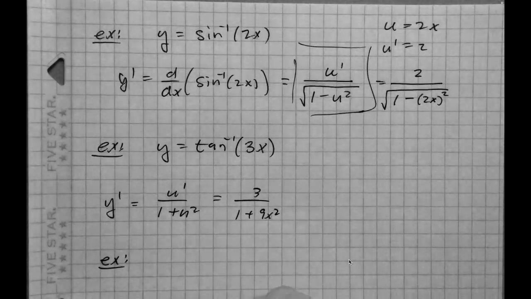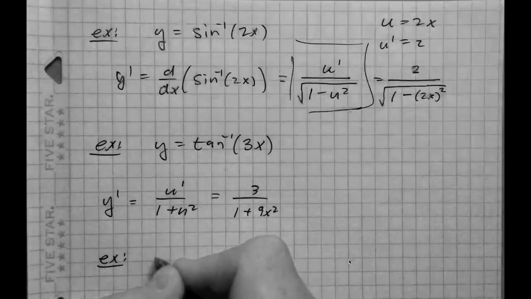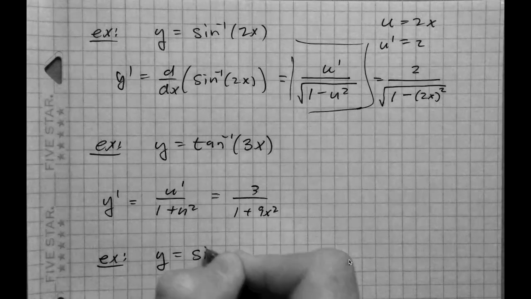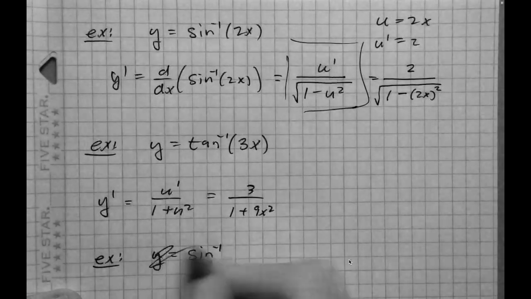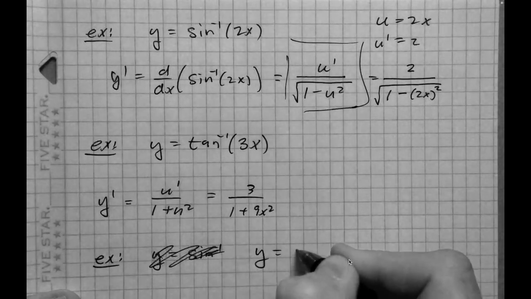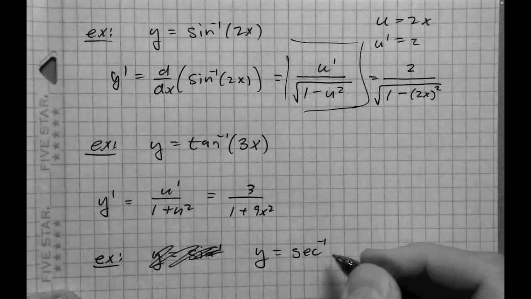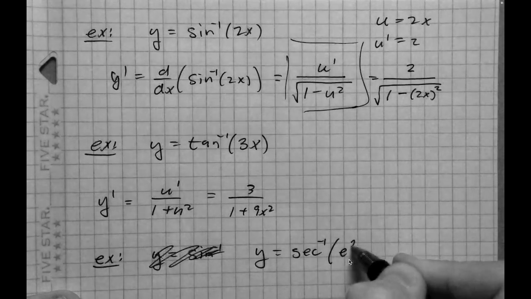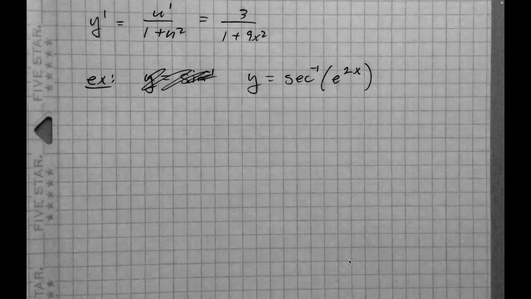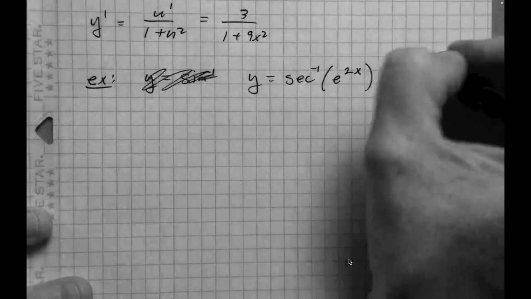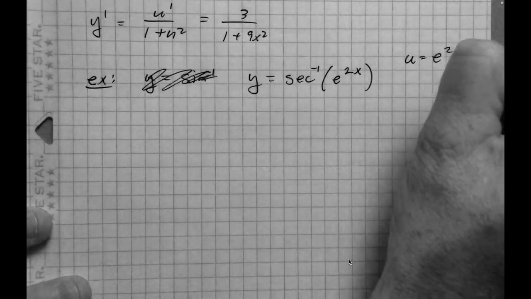And how about one more? This one won't be as obvious. So y equals the inverse sine of, or sorry, I want to do secant. y equals the inverse secant of e to the 2x power. What about this one? So here, u is equal to e to the 2x.